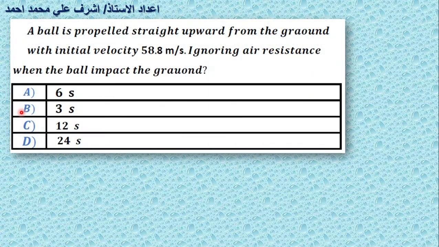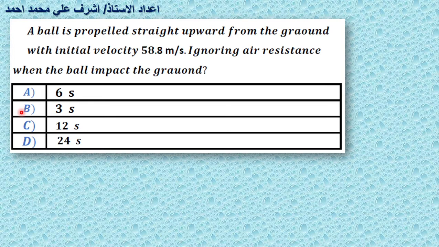Next, guys. A ball is propelled straight upward from the ground with initial velocity 58.8 meters per second, ignoring air resistance. When the ball impacts the ground... Okay, the initial velocity is 58.8.